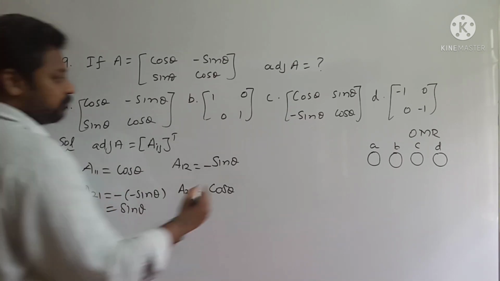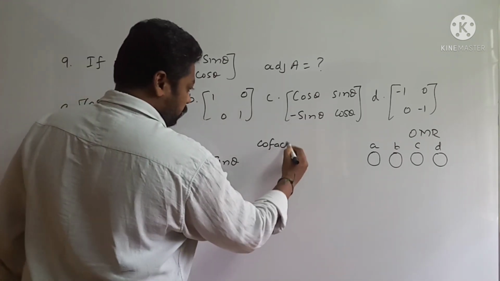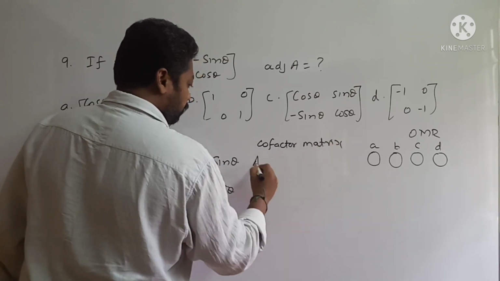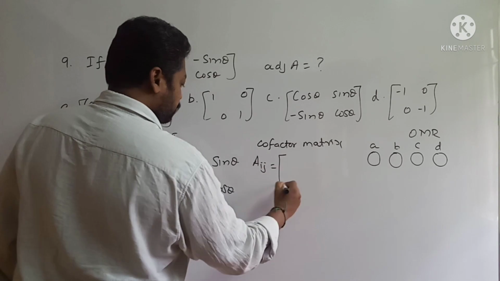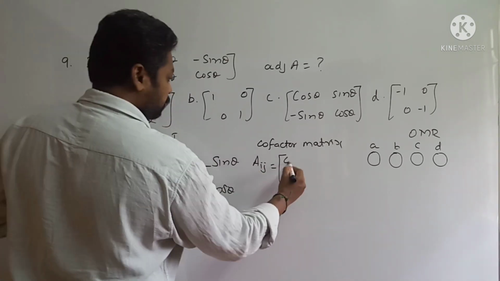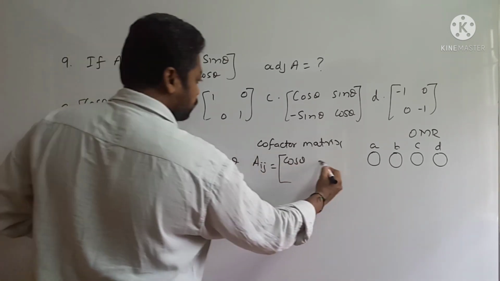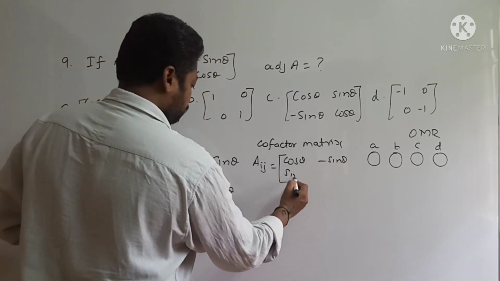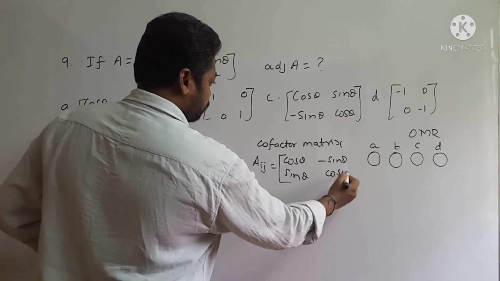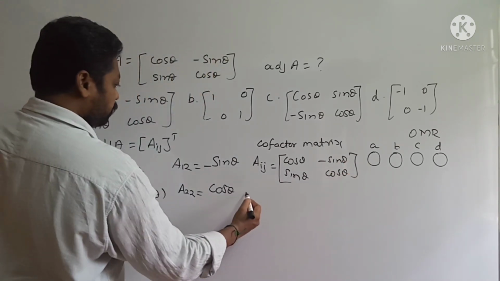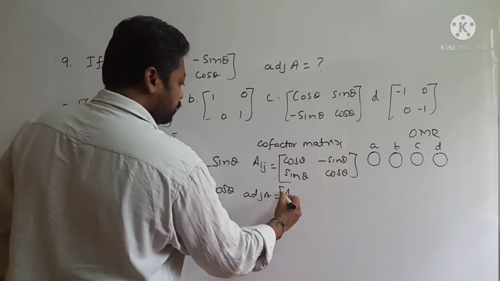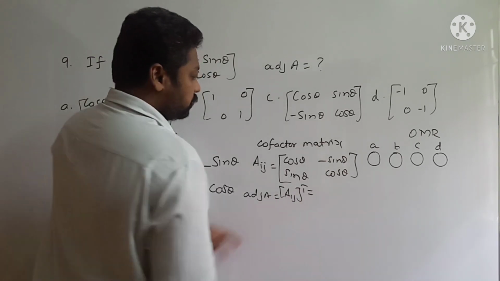So now what is the cofactor matrix? The cofactor matrix is [cos theta, minus sin theta; sin theta, cos theta]. Now adjoint A is equal to the cofactor matrix transpose. What is the transpose?